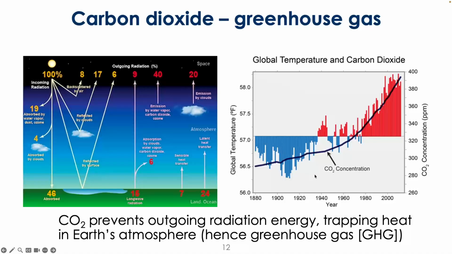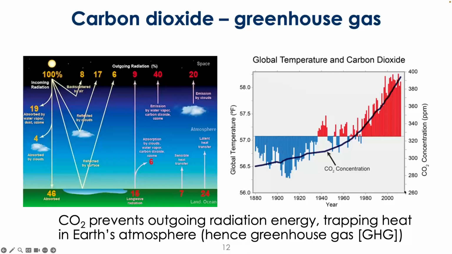And so from an empirical perspective, we're able to measure this, right? This is the relationship between global mean temperatures and carbon dioxide concentrations over time. What you can see here on the right-hand side is CO2 concentrations increasing.